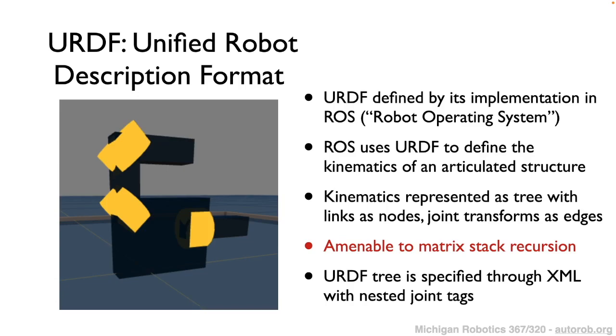And so this is what we refer to by matrix stack recursion. It's just this process of flowing through the tree and performing these matrix operations, which we'll talk about in more detail in the upcoming slides. And in addition, this URDF tree is specified in an XML format, where you have nested joint tags to express the actual branches within the tree.